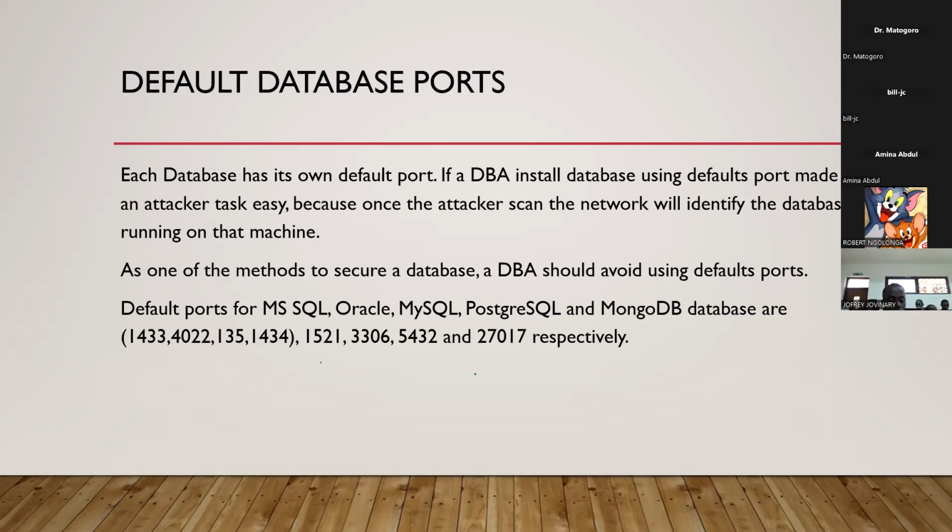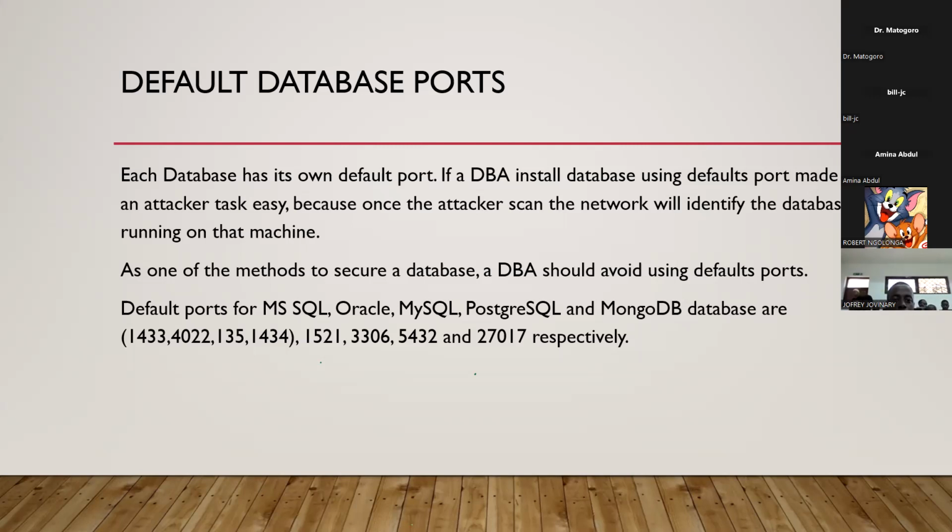If a DBA installs a database using the default port, it makes the attacker's task easier, because once the attacker scans the network, they will identify the database running on that machine. I know most of you are using Nmap for scanning on Kali Linux. As one of the methods to secure a database, a DBA should avoid using these default ports.